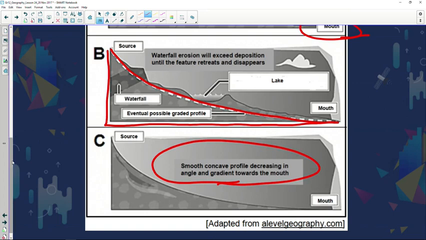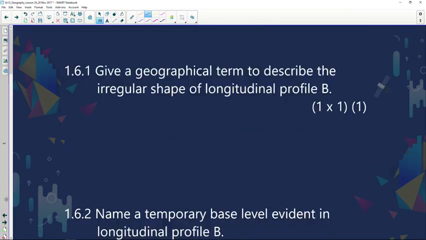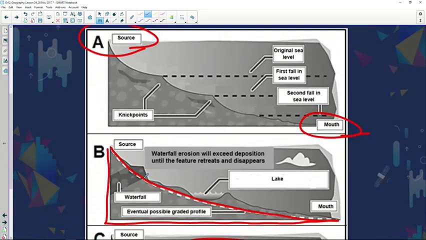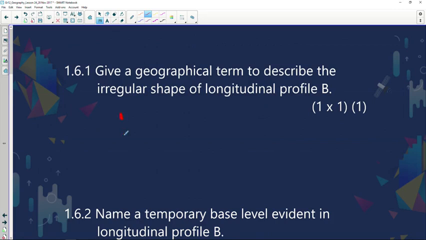So let's quickly go and have a look at the questions being asked. Give a geographical term to describe the irregular shape of longitudinal profile B. If you look at B, you can see there's quite a few nick points. It's not concave in shape, so we say it's an ungraded profile.